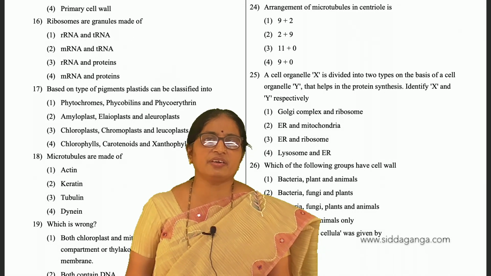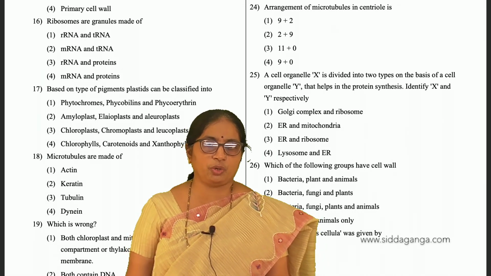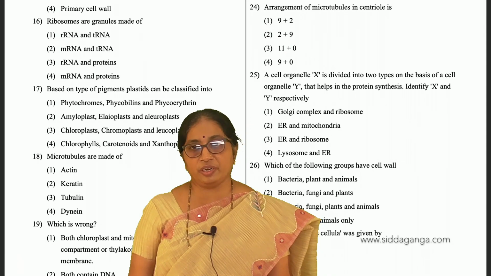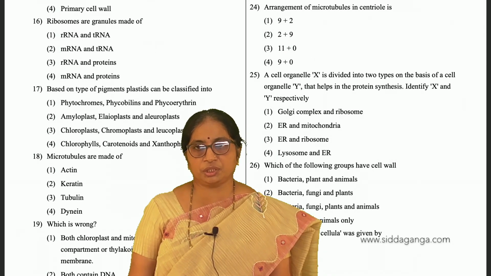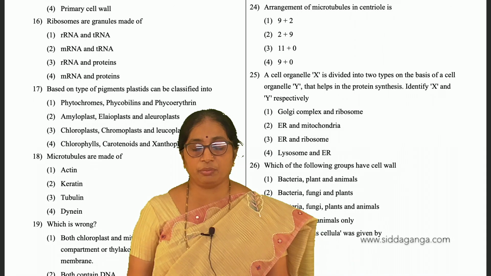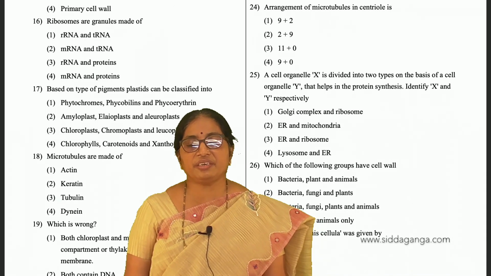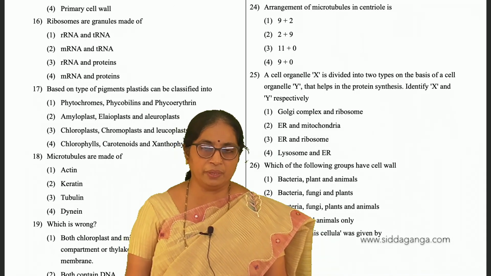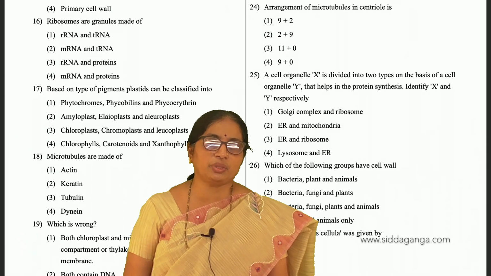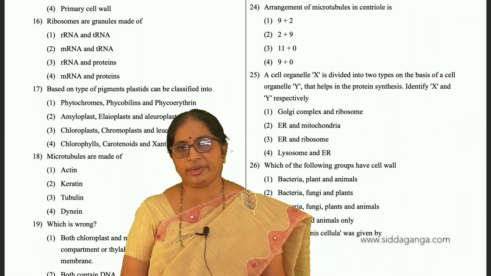In the peripheral region, there are 9 microtubules with 3 tubulin protein structures. In the center there is a central hub, and the central hub is connected to the peripheral microtubules with the help of radial spokes.